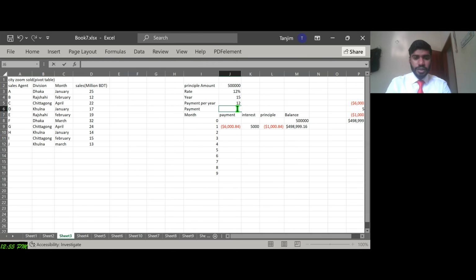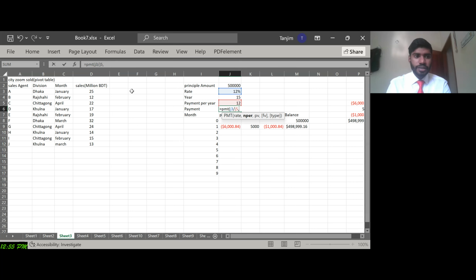Payment is equal to PMT, open the bracket, and then the rate. Here the rate is J3, so we press J3 divided by compounding, J5, and then comma and the number of years.